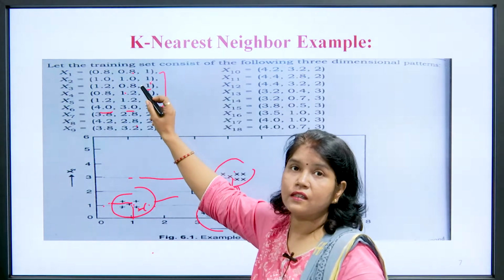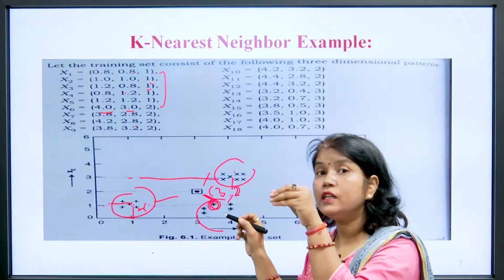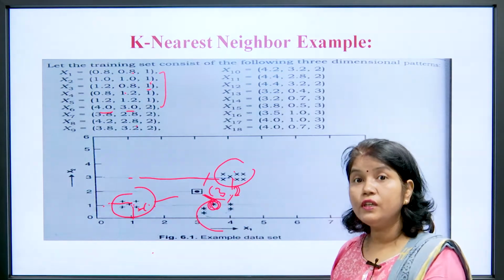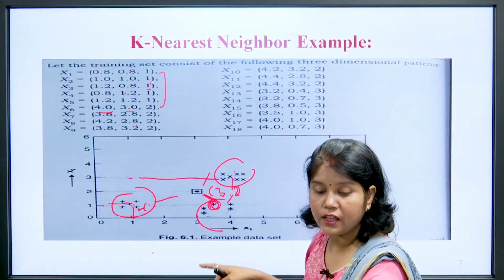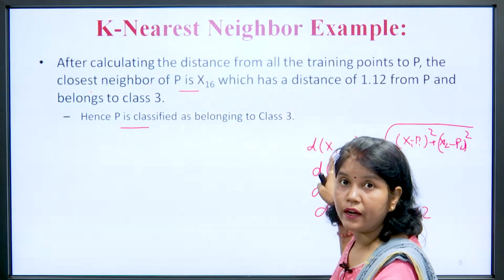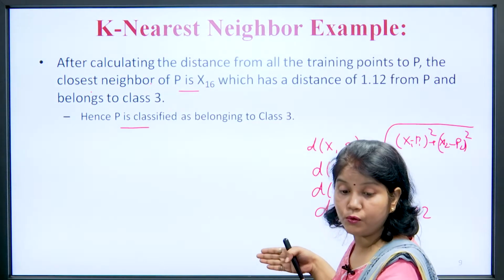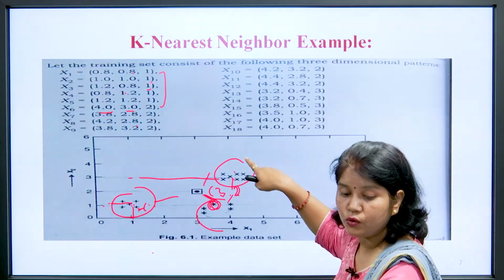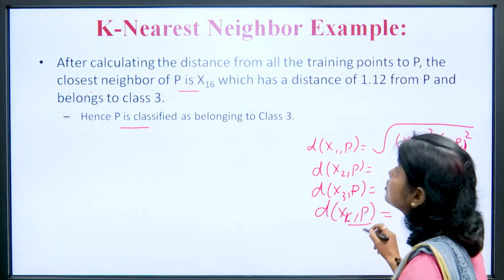When a new data point is introduced, you take the distance from all the given data with the help of this formula, and after finding dx1, dx2, dx3, dx4 up to dx17, dx18, you will see dx16 is the closest point.